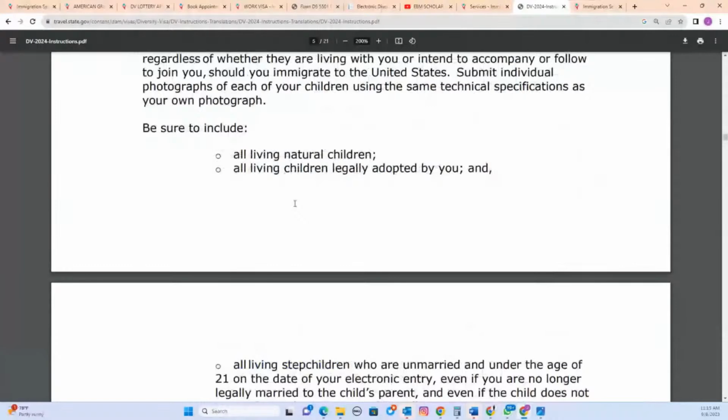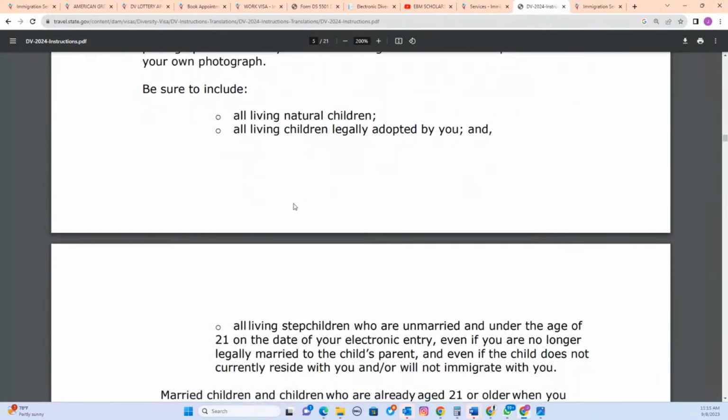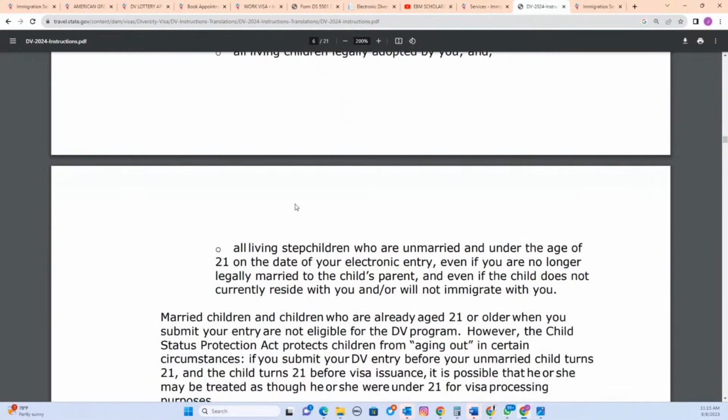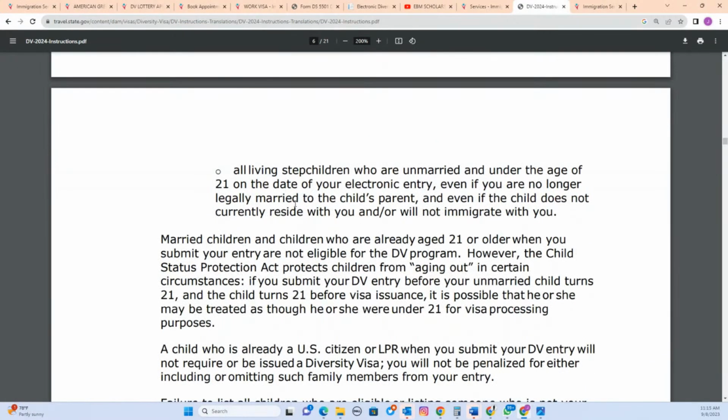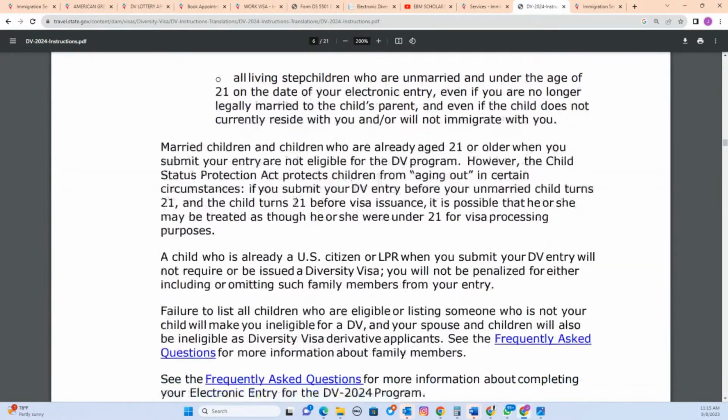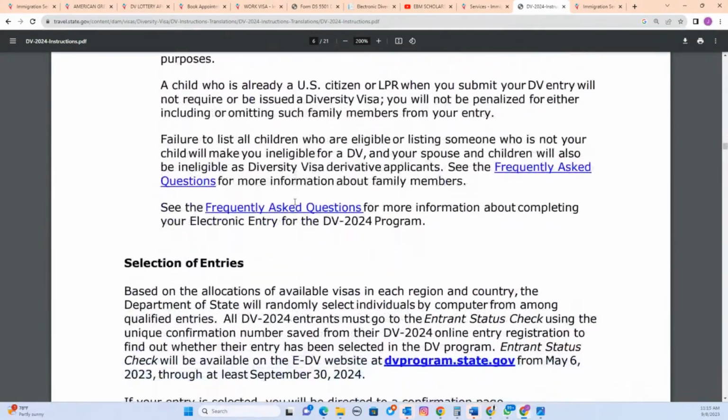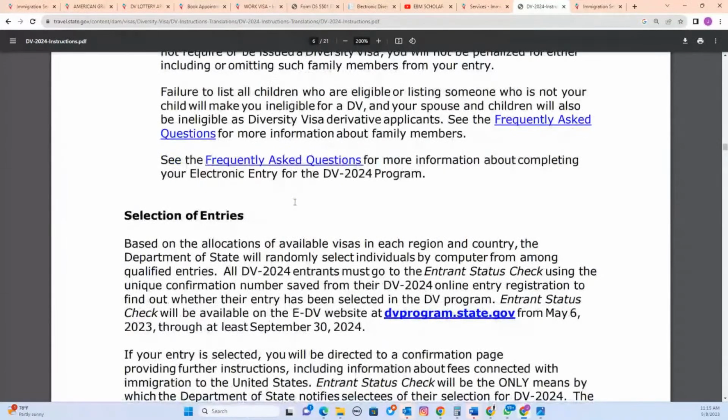I have seen so many people make mistakes. One person didn't put the stepchild and added the stepchild afterward. There are so many mistakes I've seen, and people are denied the visa. So make sure you follow everything correctly.